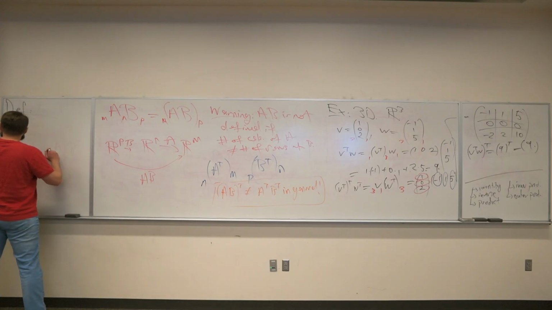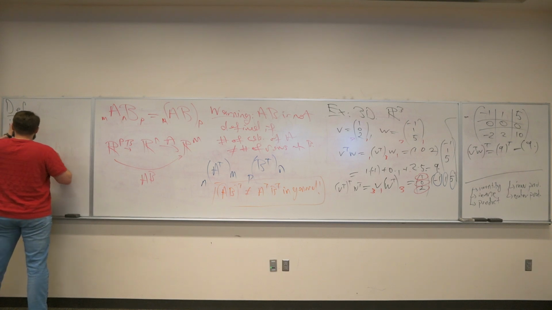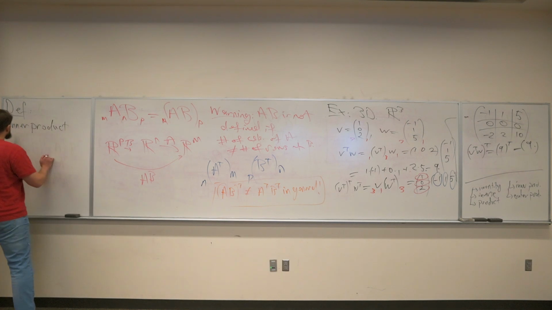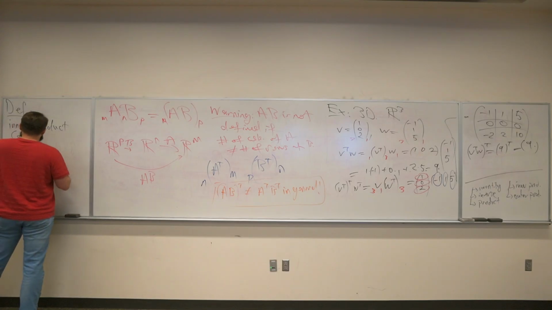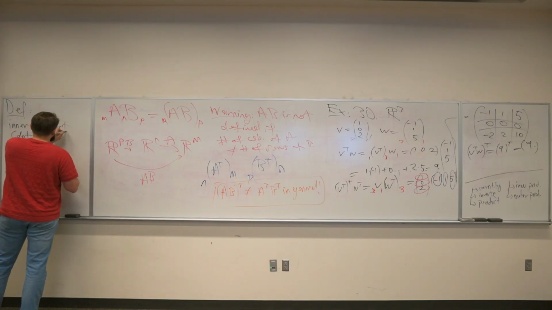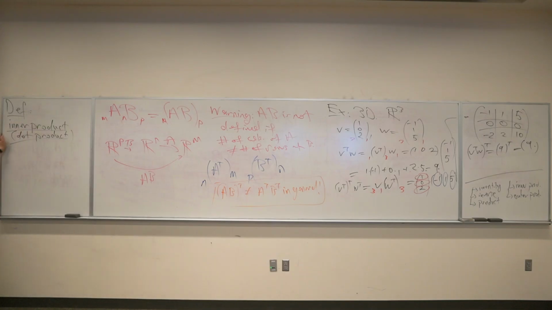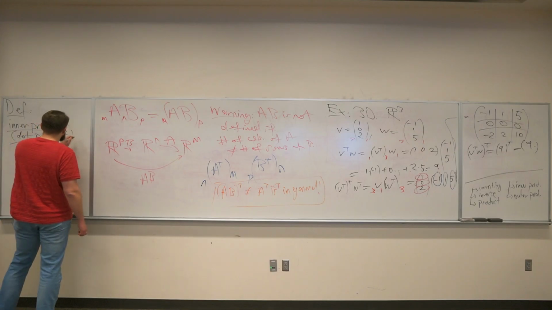So, inner product or dot product. Maybe you've seen this in calculus. There's also cross product, but that's a different thing. We're not doing the cross product, for now at least.